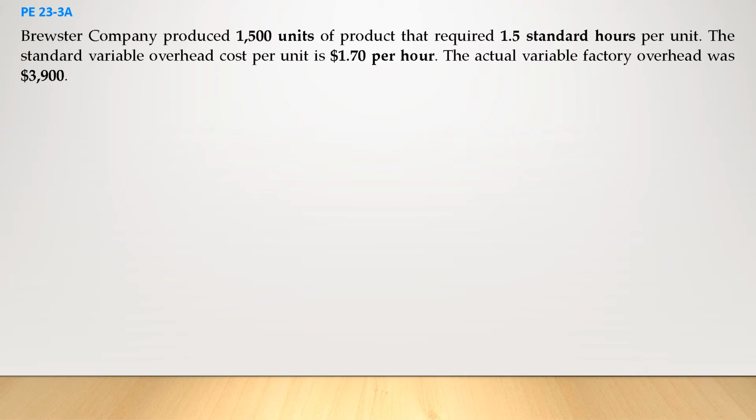The standard variable overhead cost per unit is $1.7 per hour. The actual variable factory overhead was $3,900. What is being asked in this problem?